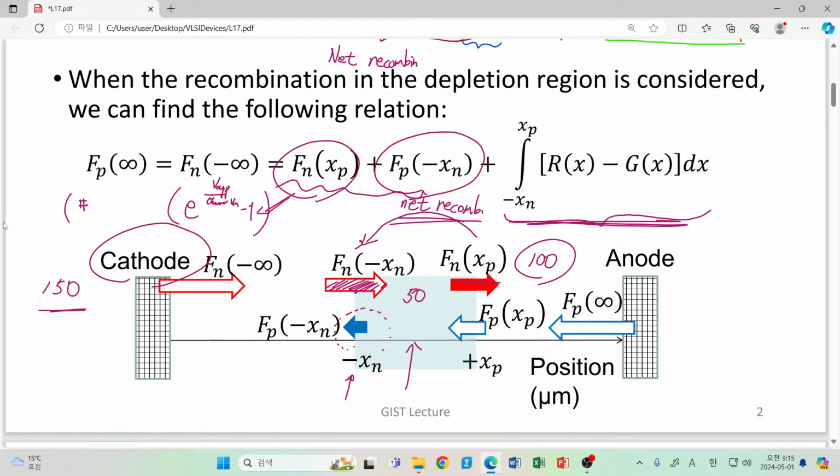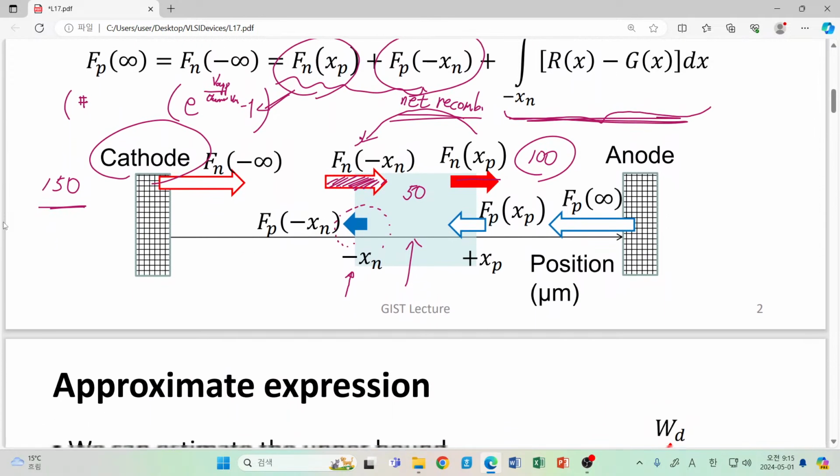So you remember, the potential just looks like a parabola. That would be quite cumbersome.